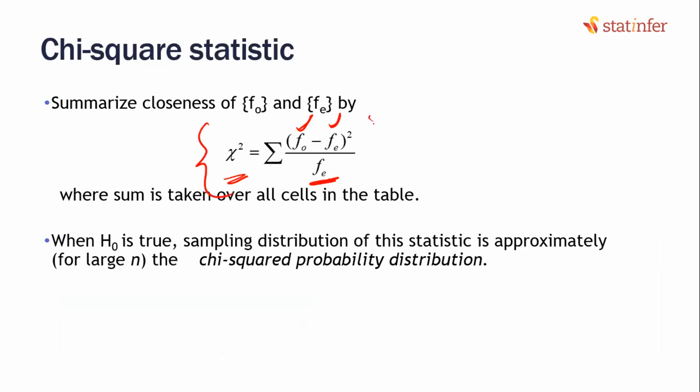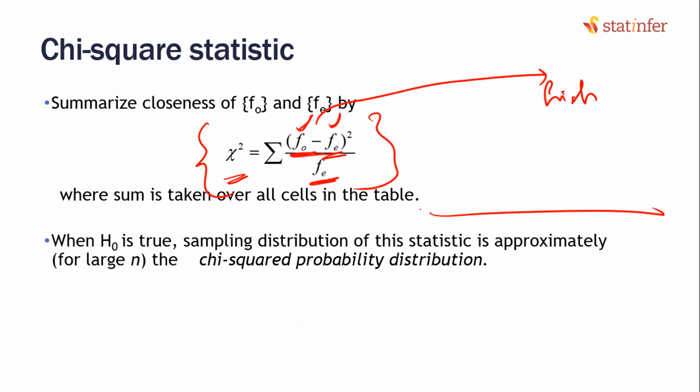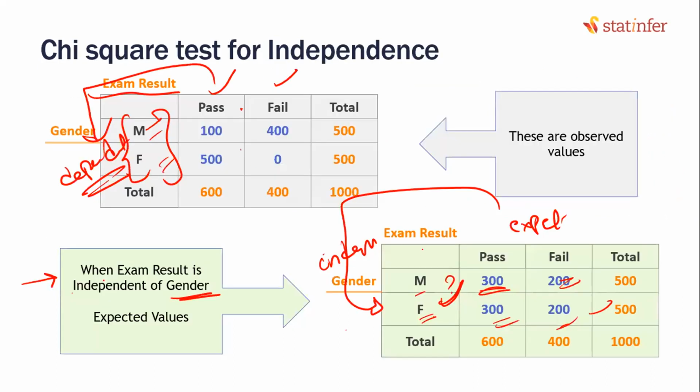So you do this chi-square test. If observed and expected values are far away, then the chi-square value will be high. If the chi-square value is high, the distribution doesn't look like this, it looks like this, and the p-value will be small. That means observed and expected are far away, which means dependent.